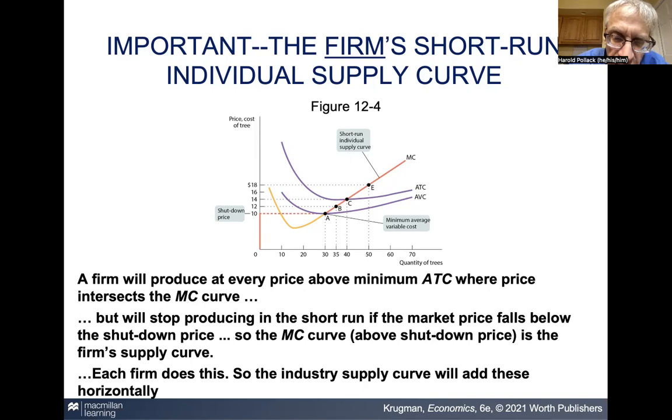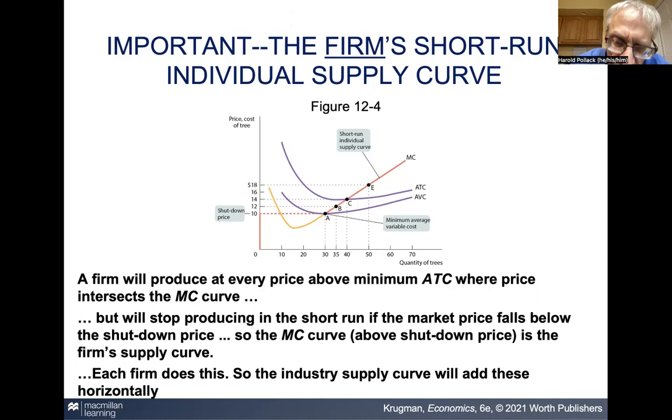It turns out if the market price is, say, $18, I keep producing until this point E, right where my last unit is going to cost me $18. I don't want to produce my next unit because that costs me $19 to make, and I'm only going to make 18. So I stop at this point E, and if the price falls, say, to 16, then I'm going to end up at some point in between C and E that intersects that $16.